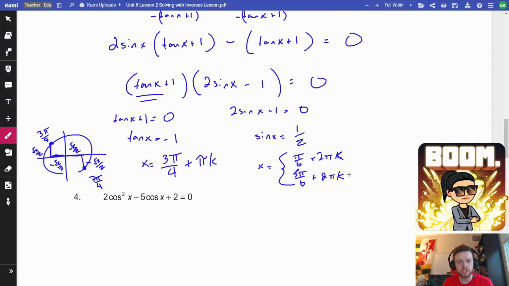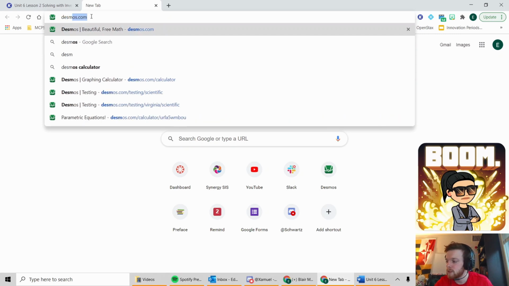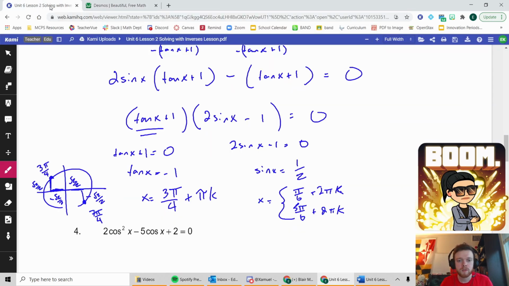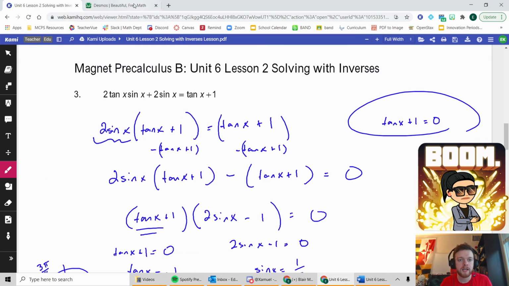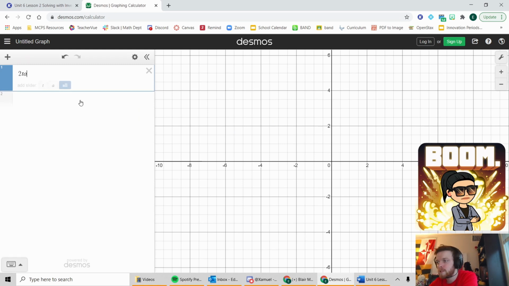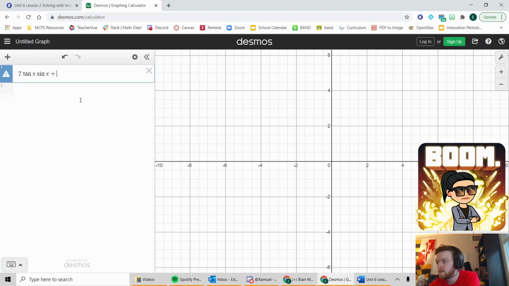You know what? I'm just going to do it. Let's just do it. Why not? So we got 2 tan x sine x plus 2 sine x is equal to, let me just double check, tan x plus 1.